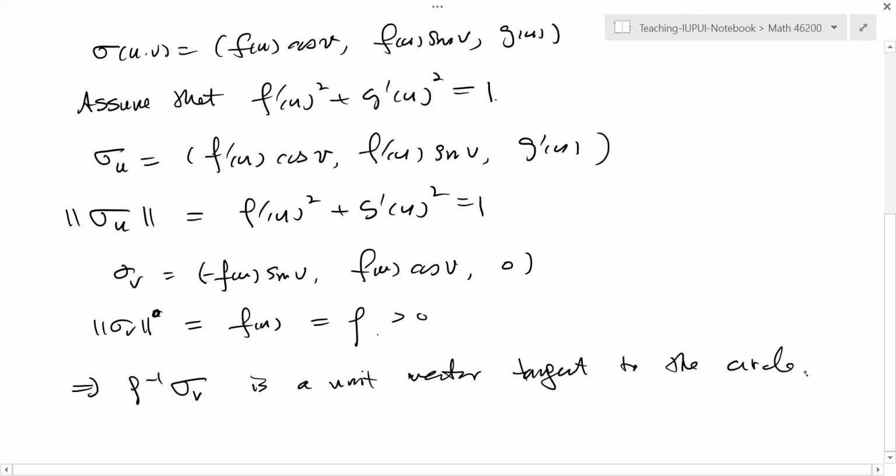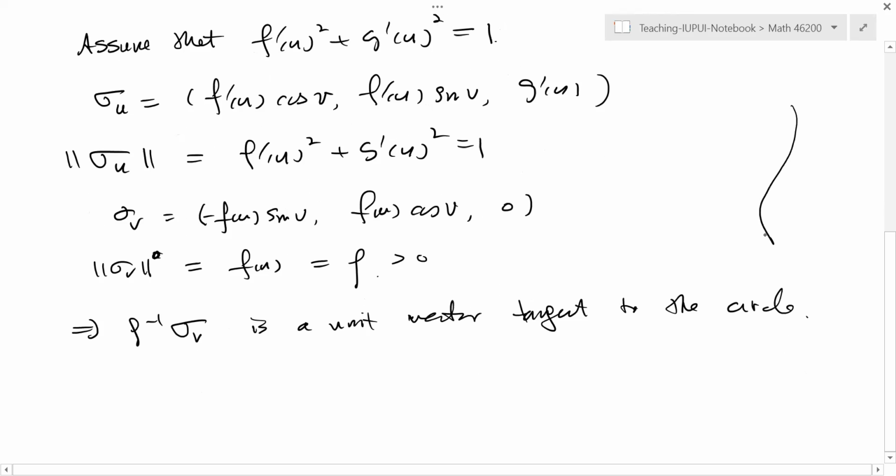If we divide sigma v by the radius rho, that gives the unit tangent vector.